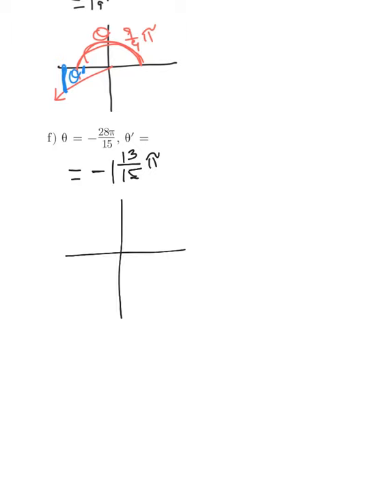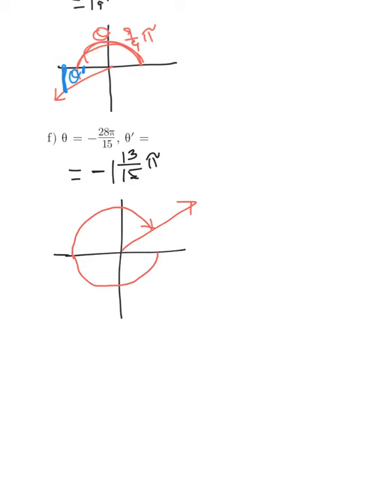So what's that mean for finding our reference angle? We're going in the negative direction, so we're going to start at 0 and go down 1 full pi. And then we're going to go 13 out of the 15 to make another pi. So we have to go all the way over here back into quadrant 1.